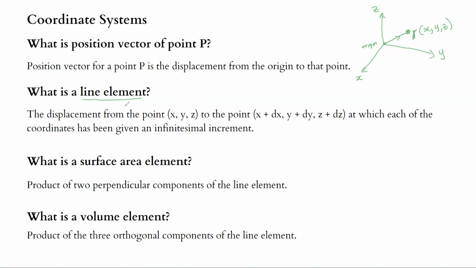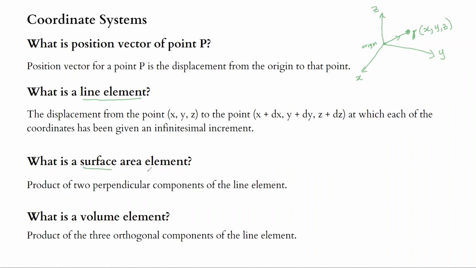The term line element means the displacement vector from a certain point x, y, z to a certain point with an infinitesimal increment. The displacement from a point x, y, z to x plus dx, y plus dy, z plus dz can be shown using a vector. That vector we call the line element.